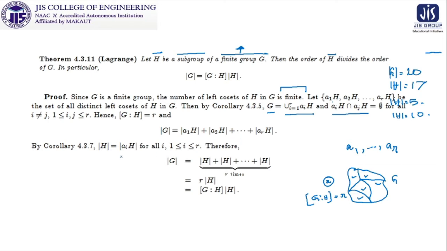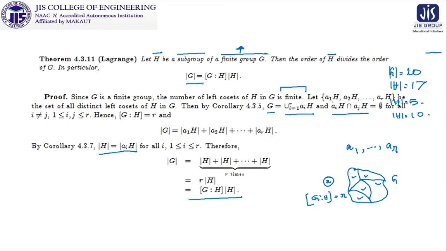As their cardinalities are the same, we can substitute the number of elements present here, that is |H|, |H|, |H|, and so on, and the index is R. So we get this one.